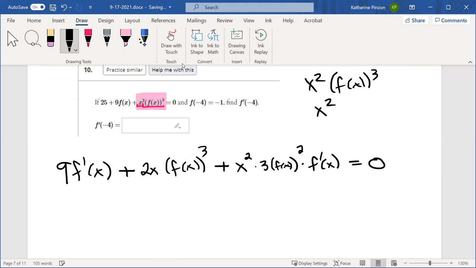You could think of this as x squared times y cubed, so I did 2x times y cubed plus x squared times 3y squared dy/dx. That's where the implicit differentiation comes in. Okay, now I'm going to plug in my number, and I'm plugging in -4 for all the x's. So -4 here, -4 here, -4 there. Every x gets a -4.